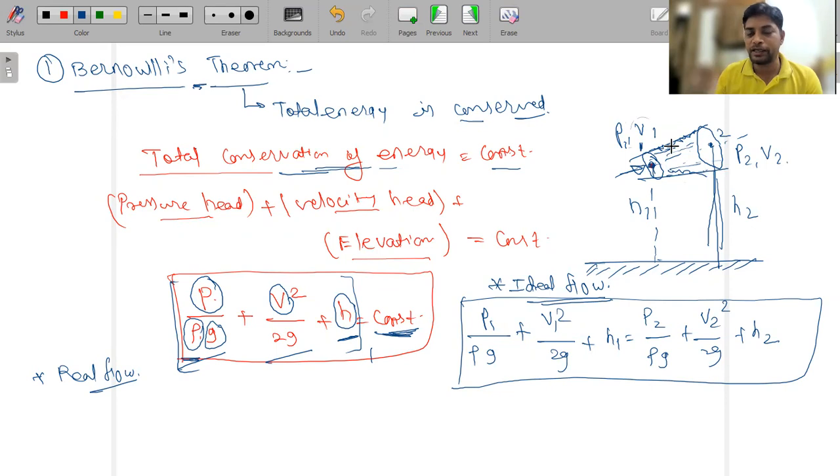The boundaries create resistance, and if this resistance is created, there will be a loss of energy.